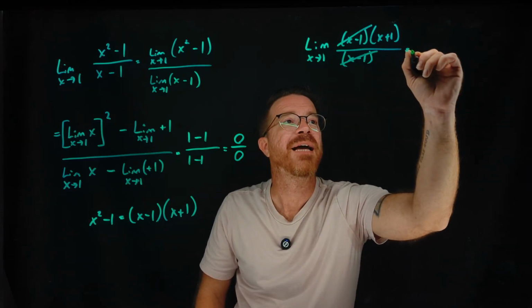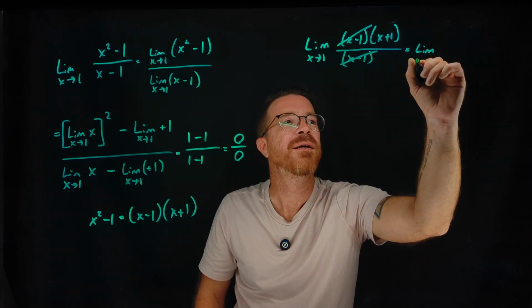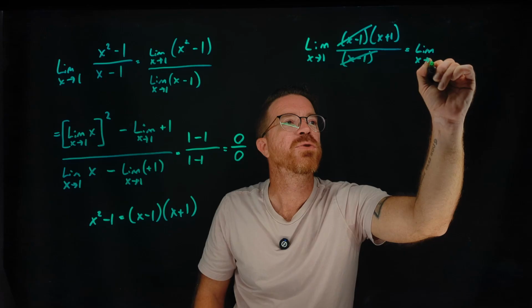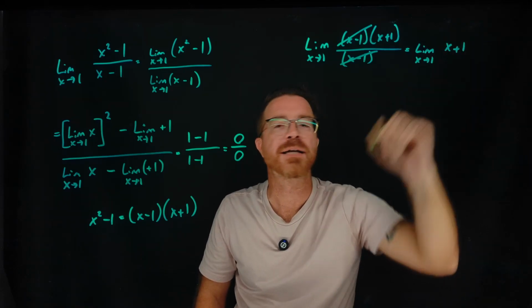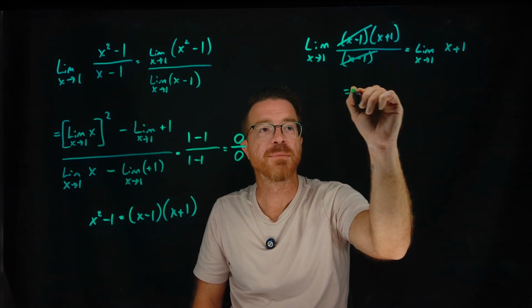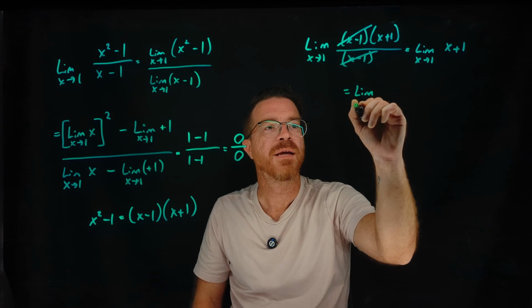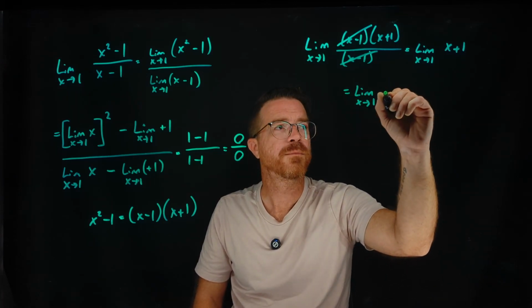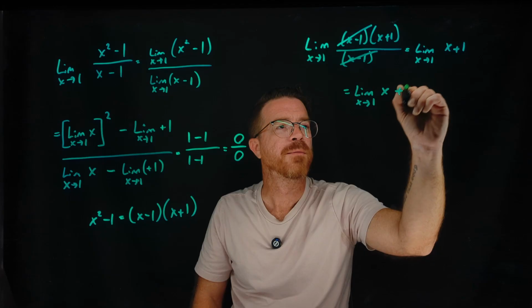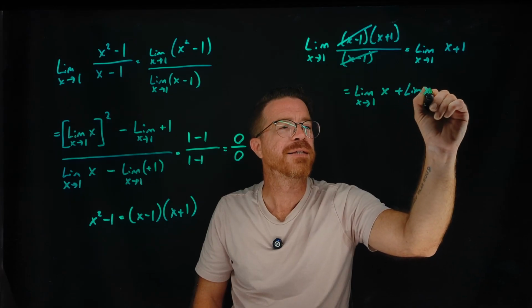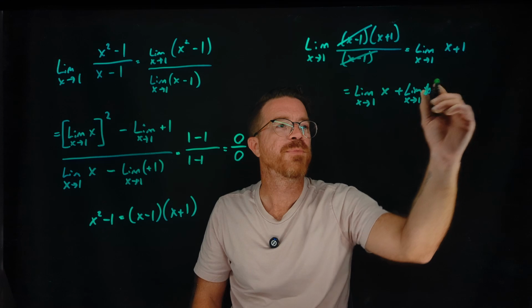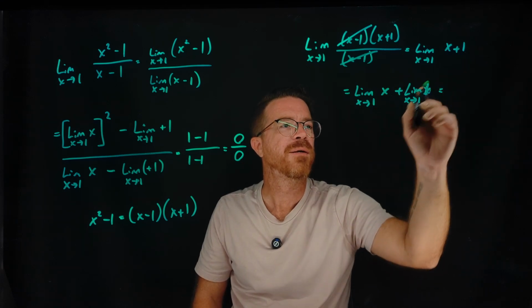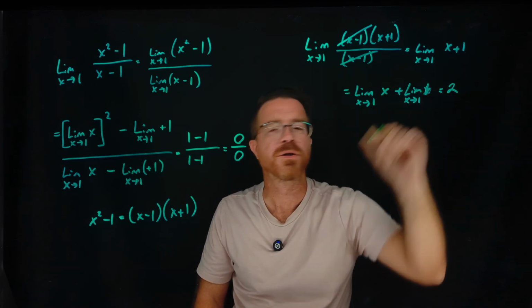And now what we're looking at is the limit as x approaches 1, x plus 1, which then using our limit rules would be the limit as x approaches 1, x plus the limit as x approaches 1, 1, and this would be equal to 1 plus 1, or 2.